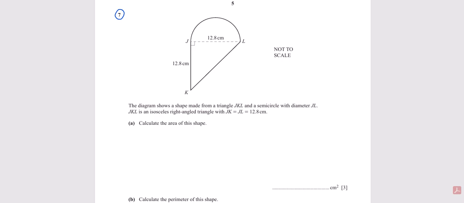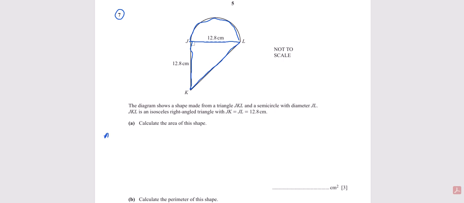JKL is an isosceles right angle triangle with JK equal to JL equal to 12.8 centimeters. Calculate the area of this shape. First of all, we find the area of the triangle. This is a triangle, and this is a semicircle.